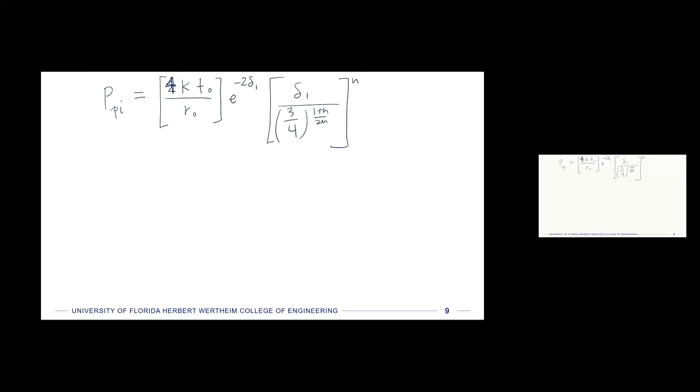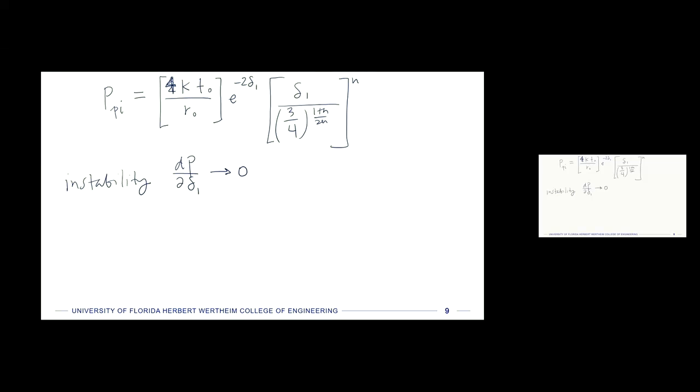And then the instability is reached when the partial of pressure with respect to delta 1 goes to 0. We've also assumed here that it's going to have that plastic instability in the same direction that it had its first kind of yield event.